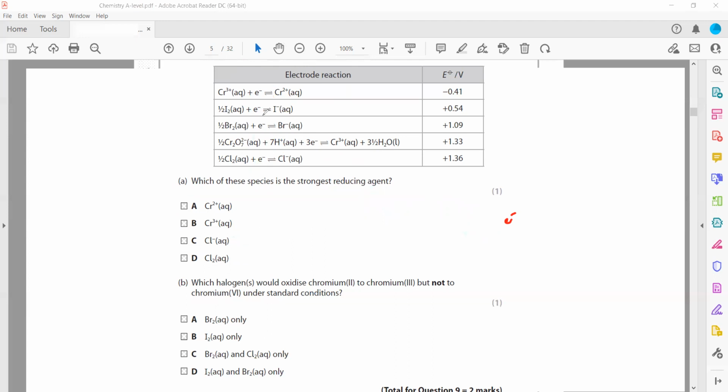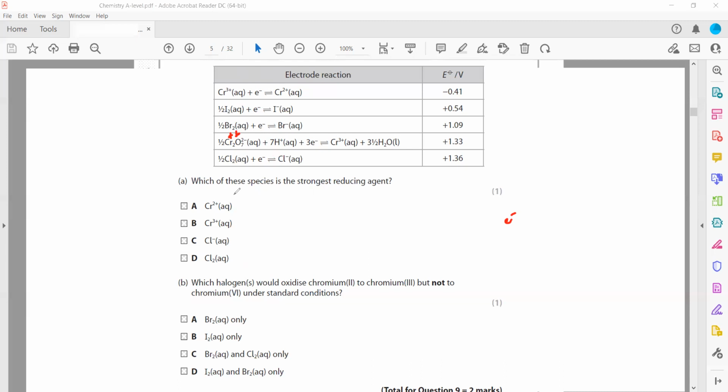If we check with bromine, 2 to 3 can be done, but not to 6. As you can see here, there is chromium 3 and 2, and in dichromate it is plus 6, plus 6 to plus 3.